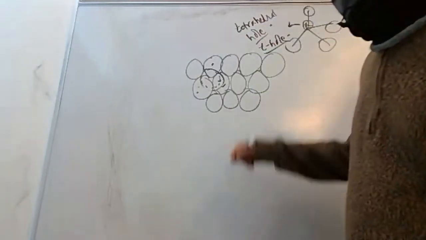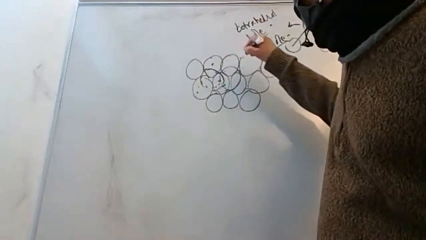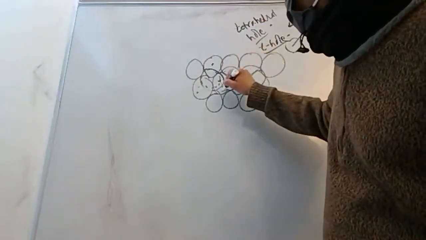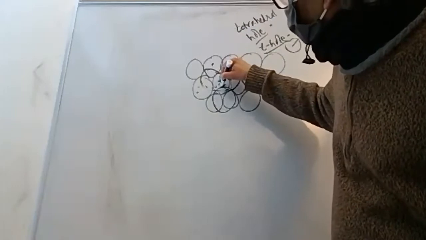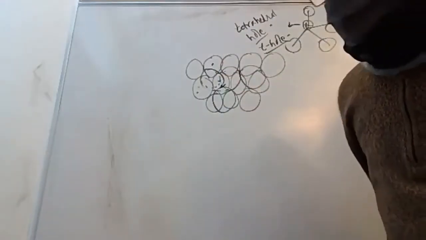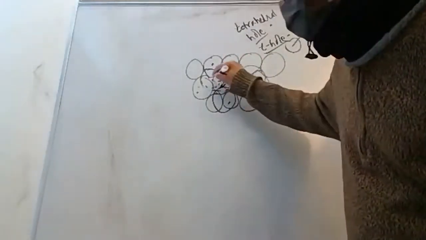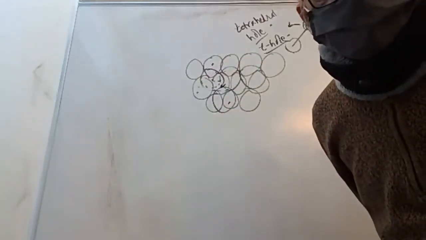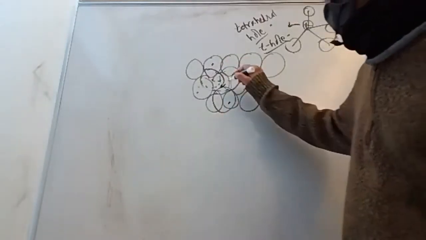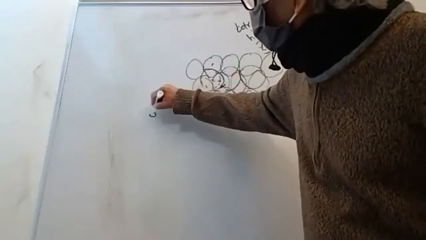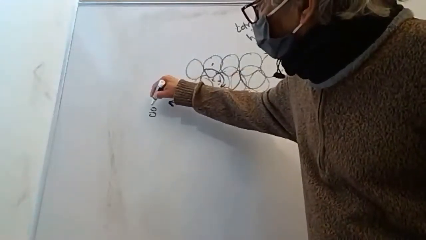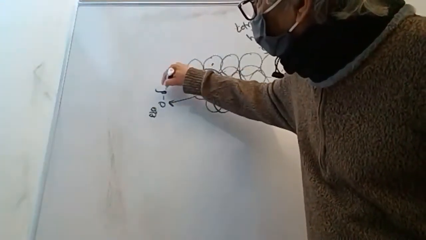Okay. So you can start now packing up these things. And here again, when you start packing, you will see a small space surrounded by 1, 2, 3, 1, 2, 3, a total of 6 of them. That hole is called an octahedral hole. So, O hole.